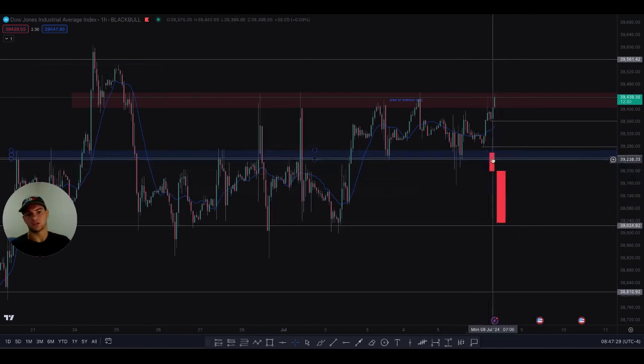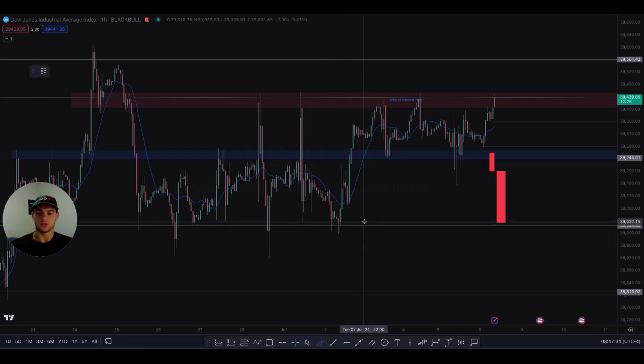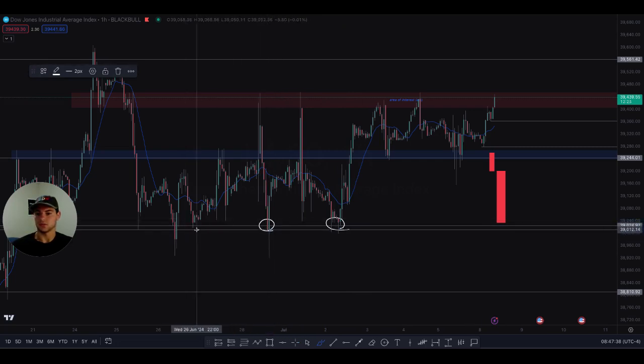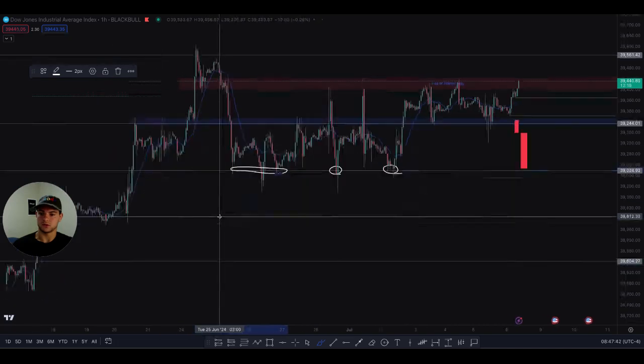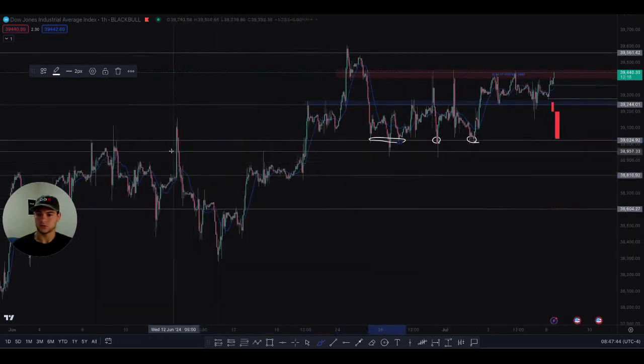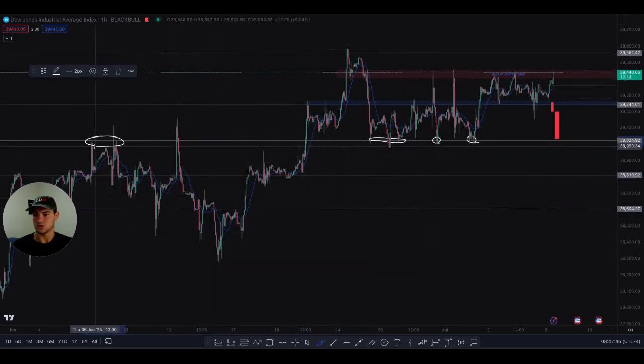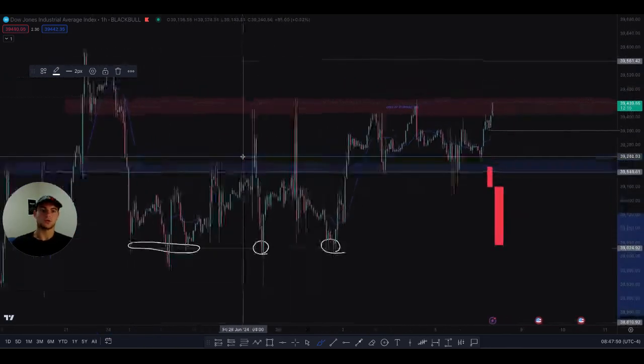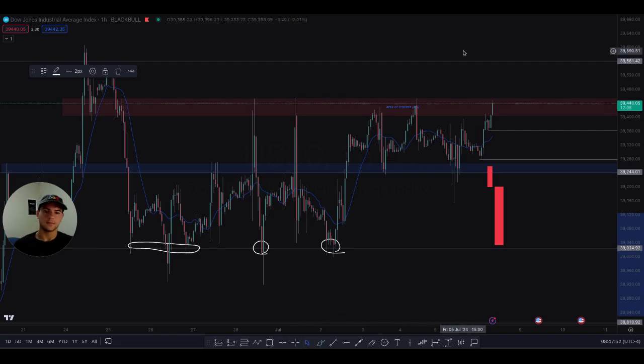And then of course after we break this area, we would start to look for something like right here on the left that we can see is also a level of support and resistance, right? This is support, and this acted as resistance. We broke above, rejected also, right? So this is basically what we have going on for US30.